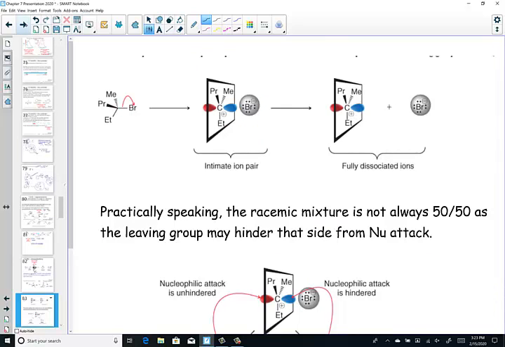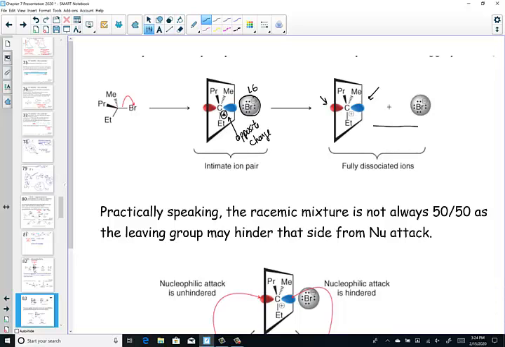Now, practically speaking, oftentimes it's not an even 50-50 split, because opposite charges attract. If there's the carbocation and this is the leaving group, notice that opposite charges may still be in close contact with each other. If this bromine is near enough to the carbocation, it may be preventing an attack from that side. If there's a great distance between the carbocation and the bromide, I would then predict more of an equal racemic mixture.